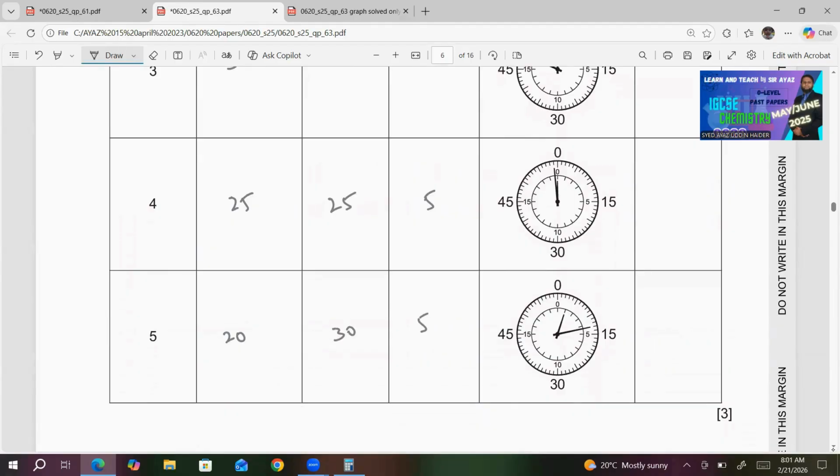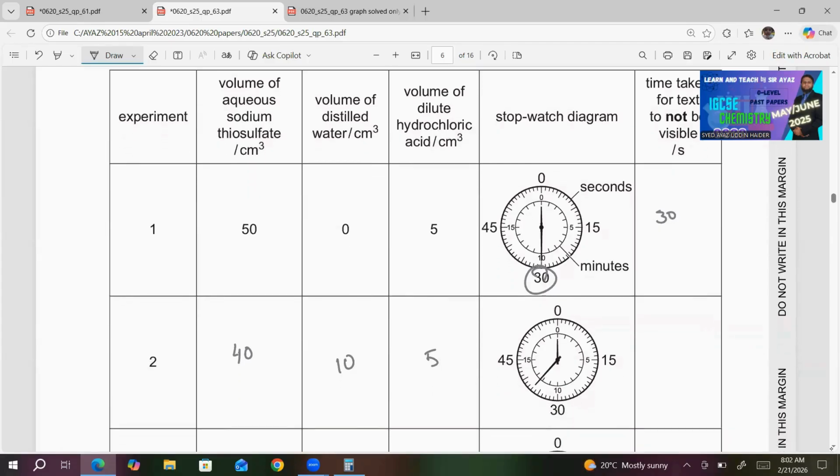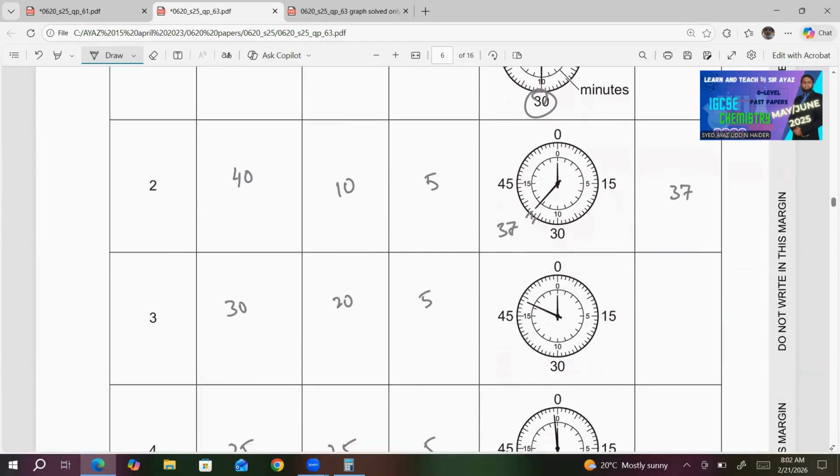Now let's look at the time. First, we are having seconds only, that is 30 seconds. You see, it's 30 seconds. What about the second one? If you look at this, 5, 6, 7, 37. So you have 37 seconds. Experiment 3.